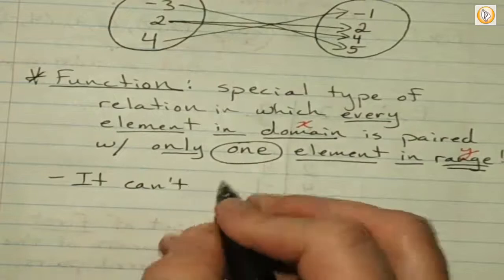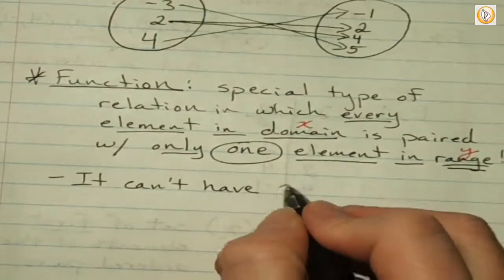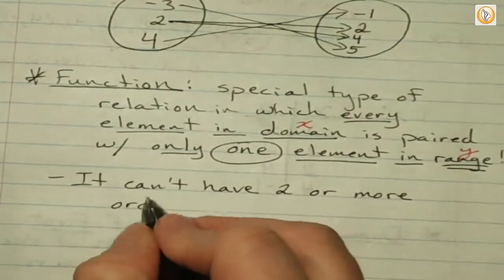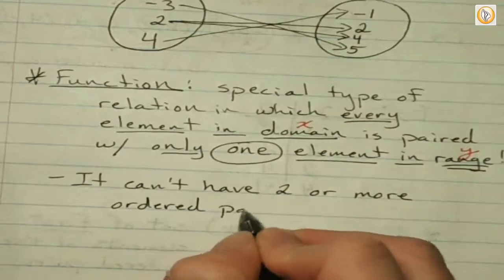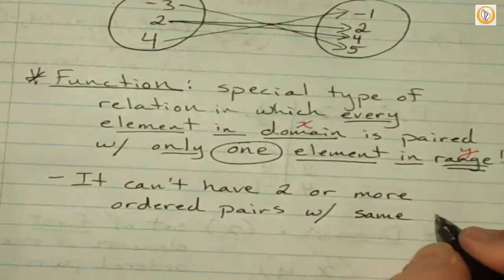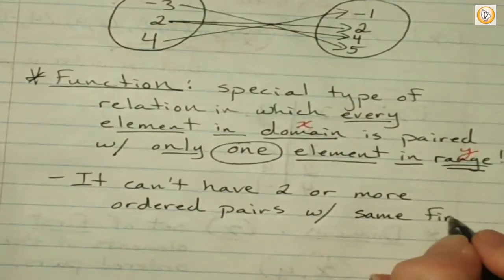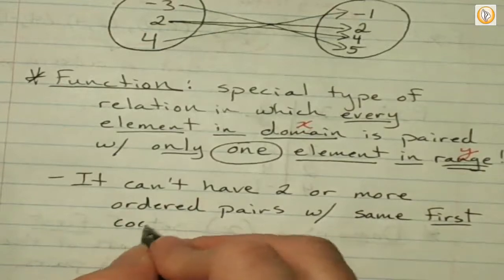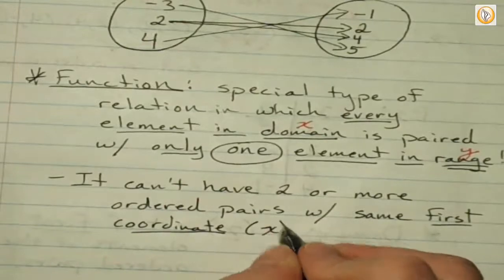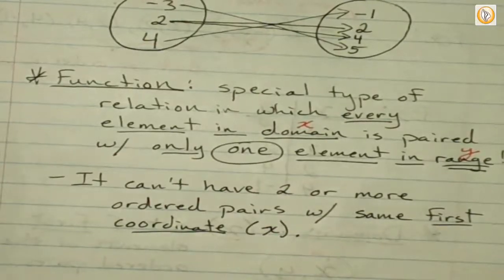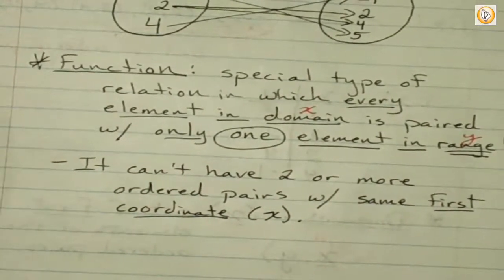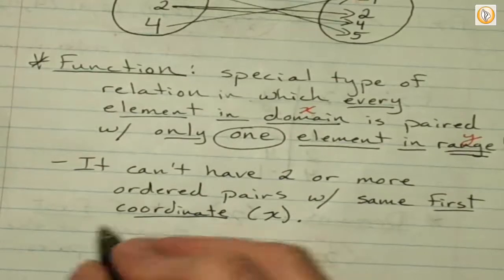It can't have two or more ordered pairs with the same first coordinate. Basically, your X. You can't have repeated X's.